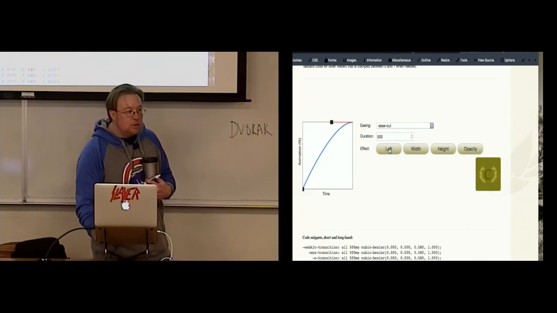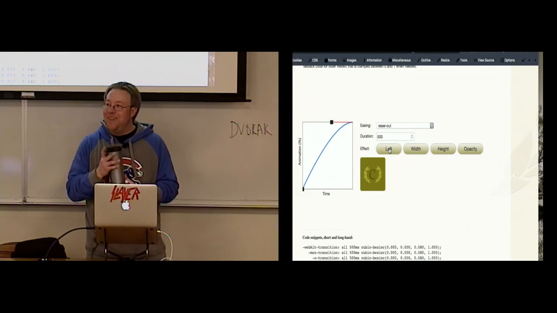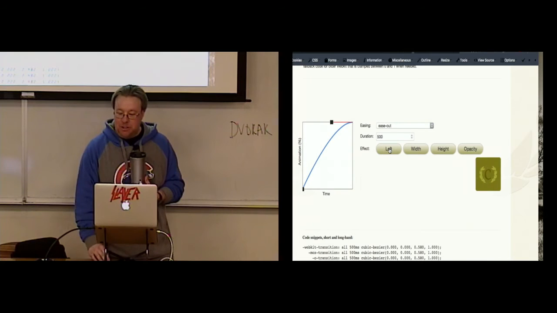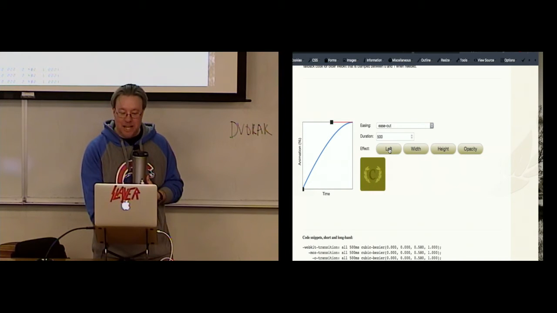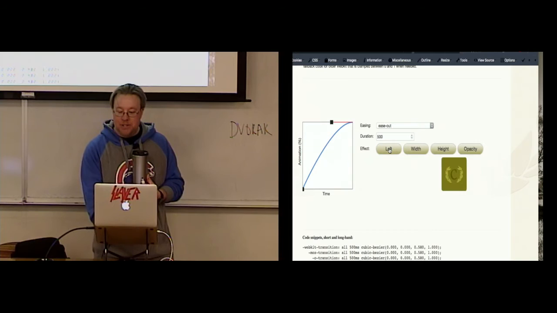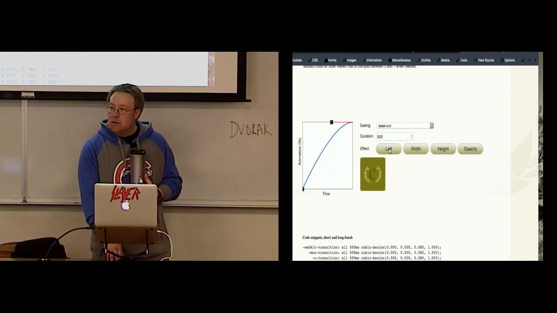Does that look natural? Where have you seen this kind of motion? I don't think that looks natural. It's like the friction at the end of it. Okay, a little friction at the end. Is it stopping because it's run out of steam?